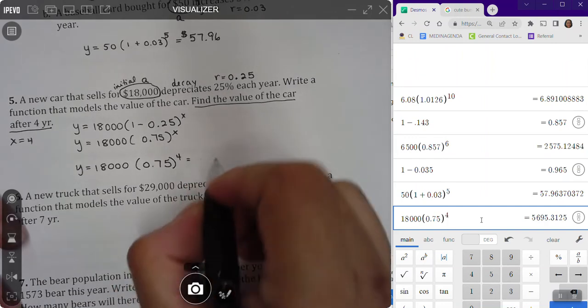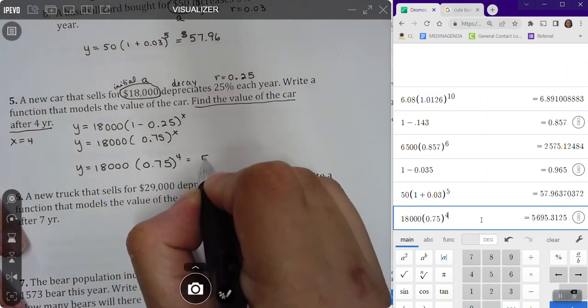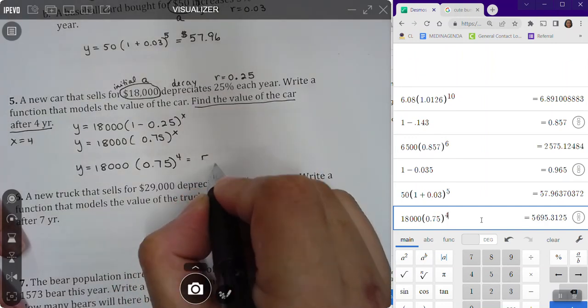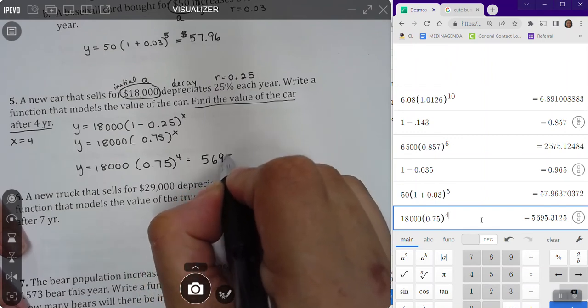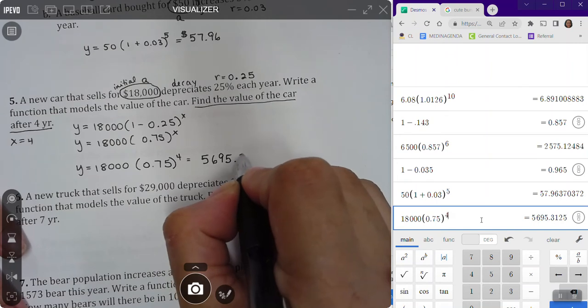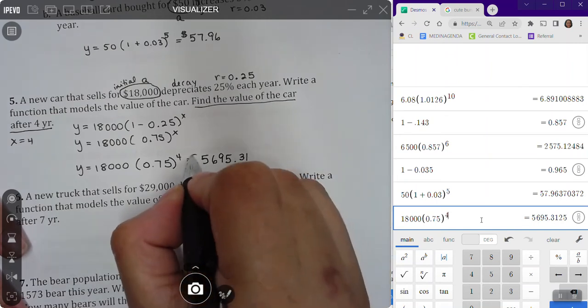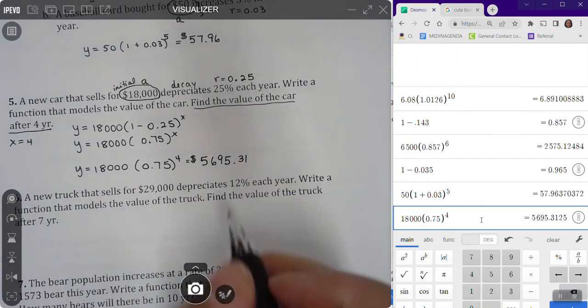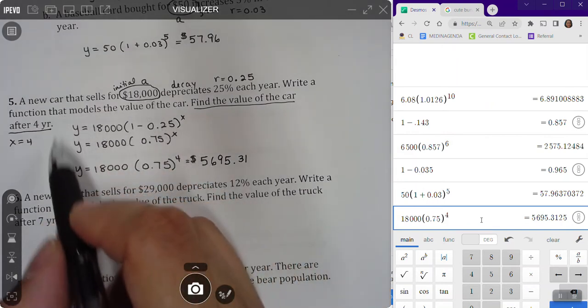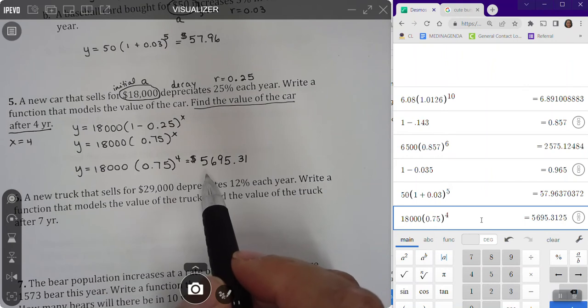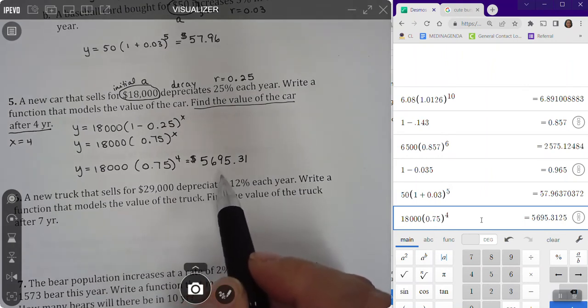Ooh, what is this? Oh, this is horrible. What kind of car is this that loses its value so much? Look at that. You bought it for $18,000 and then 4 years later, oh wow. It's like a quarter of the price. Can't even sell it for $6,000.